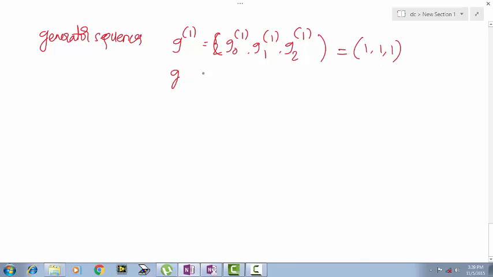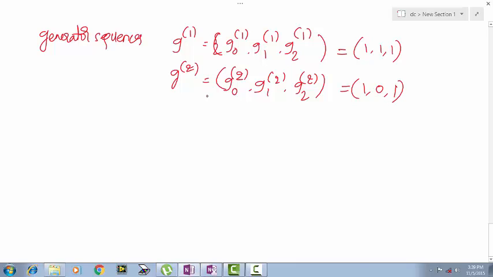And similarly the second generator sequence g of 2, g naught of 2 comma g1 of 2 comma g2 of 2, is equal to 1 comma 0 comma 1.